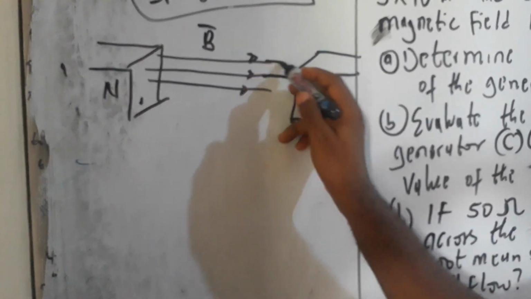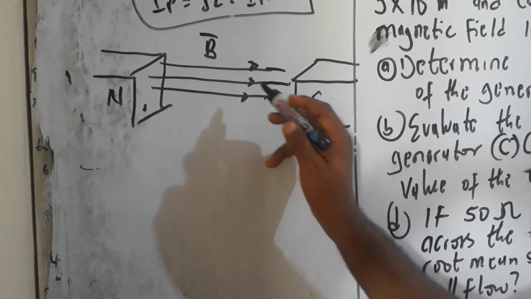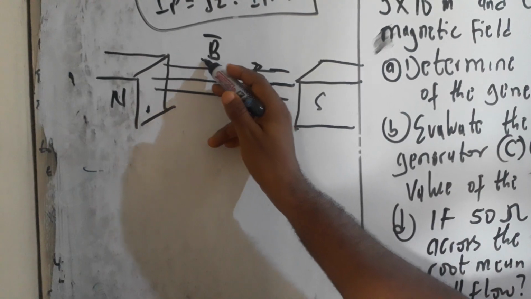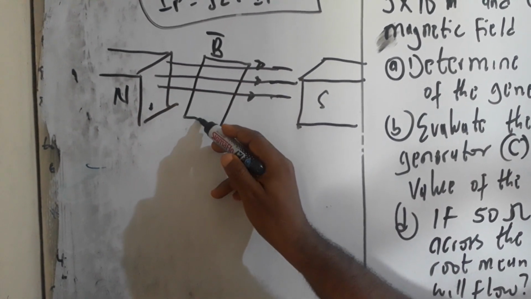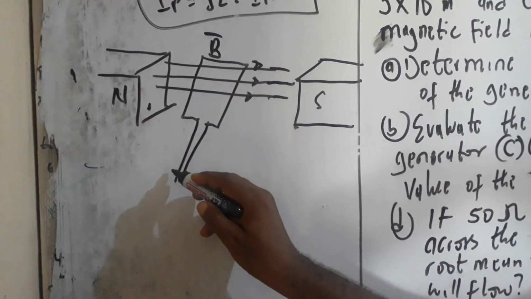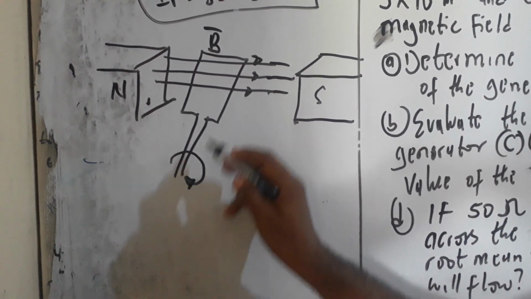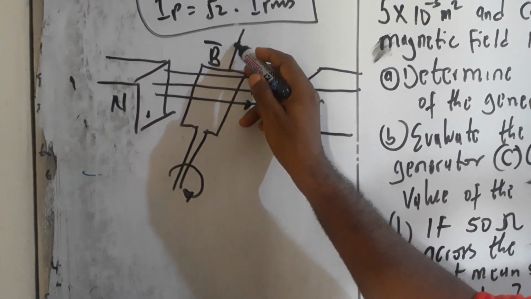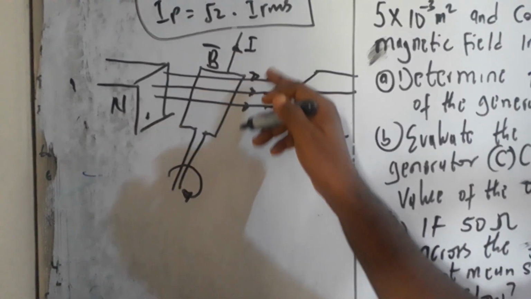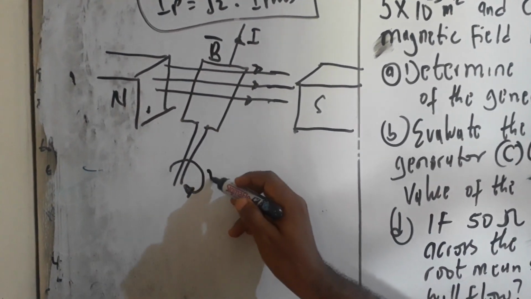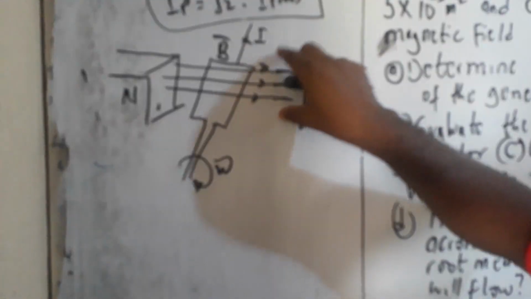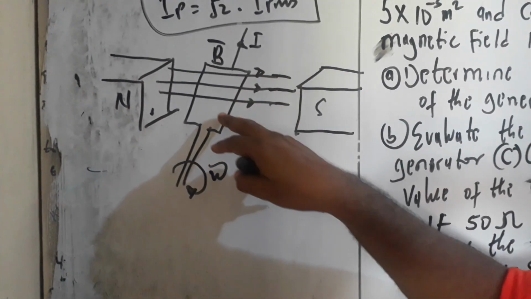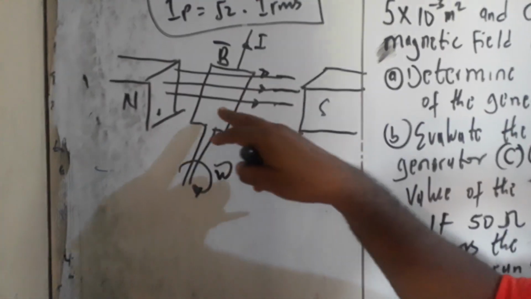Now, according to Faraday, he made us realize that if we place a loop of conductor, like a coil of wire here, and we rotate this coil of wire, electric current I will be produced. Either we rotate this coil of wire, or we change the magnetic field that is crossing this coil of wire.